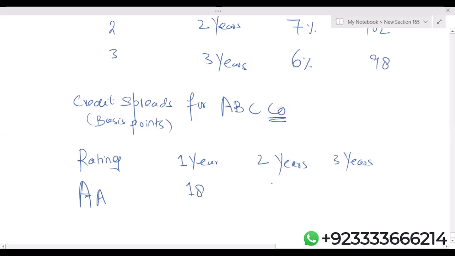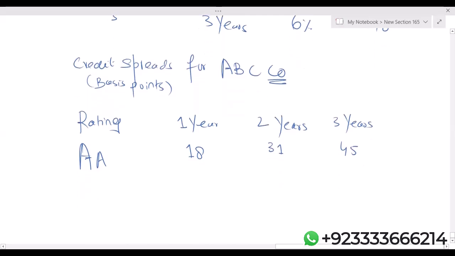If the rating declines from AA to BB, then it is 54, 69, and 86.